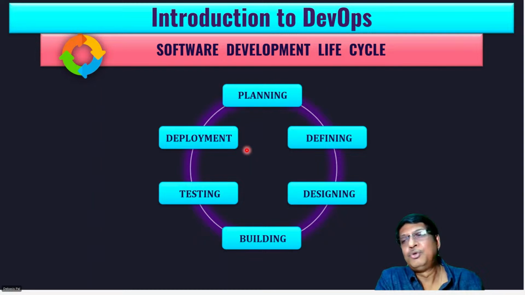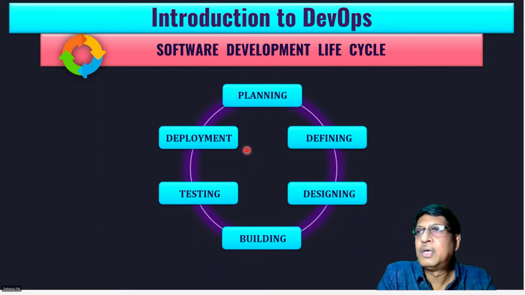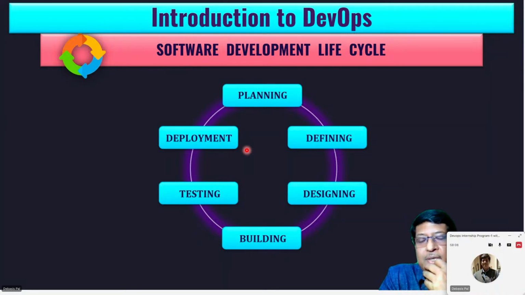Deployment is where you go to pre-production for the user. User acceptance testing should happen. What is user acceptance testing? The client will try to validate the product and check whether whatever they required was delivered, in a quality manner.